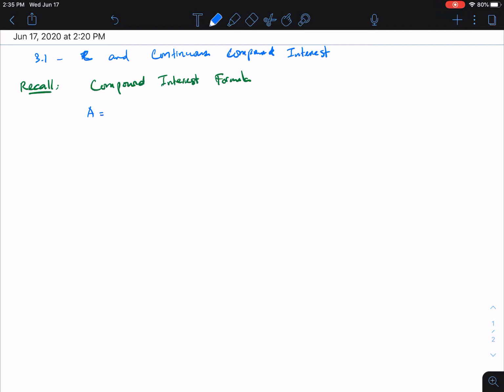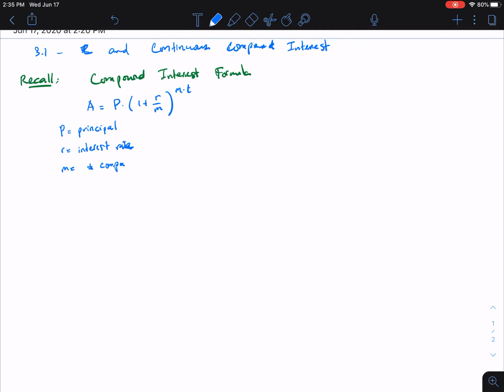So it starts with A as the future value, P is the present value or the initial amount or the principal, times 1 plus r over m to the power m times t, right? P is the principal, and r is the interest rate, and this is usually the annual interest rate. And m is the number of compounding periods in a year, right? And t is in years.